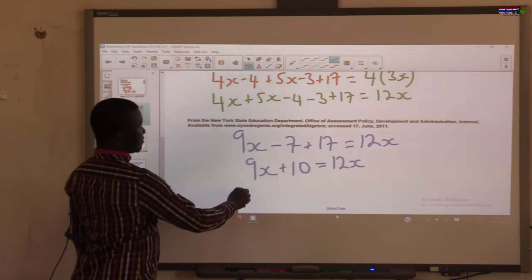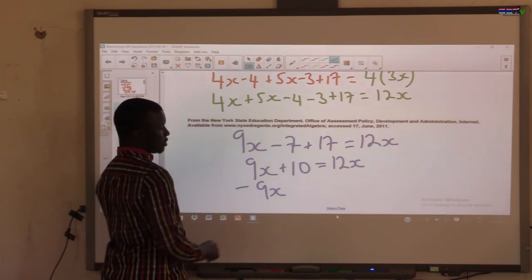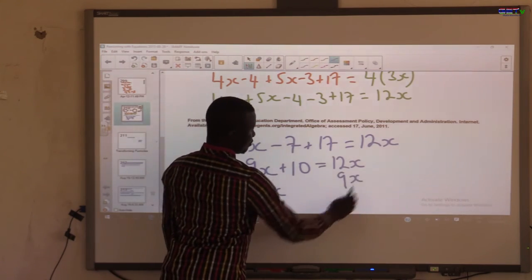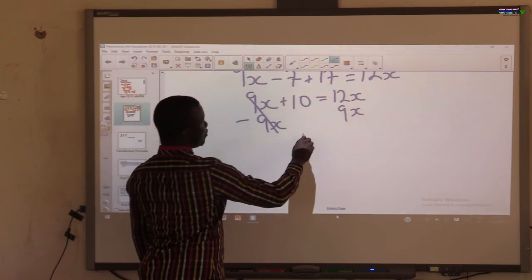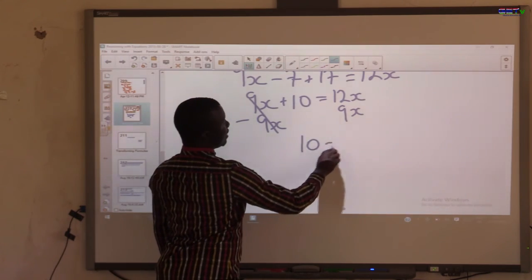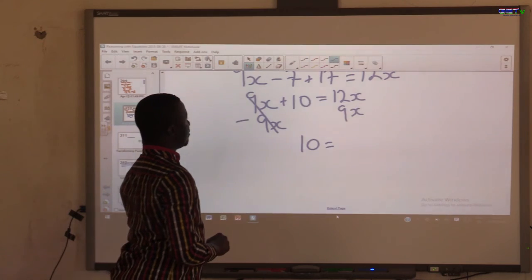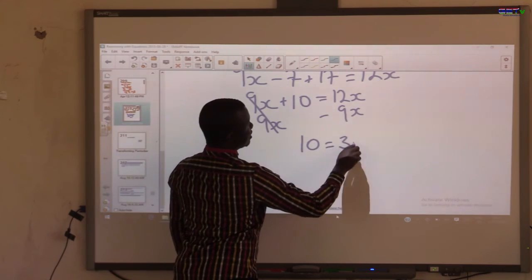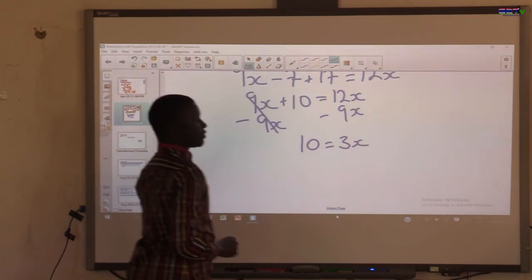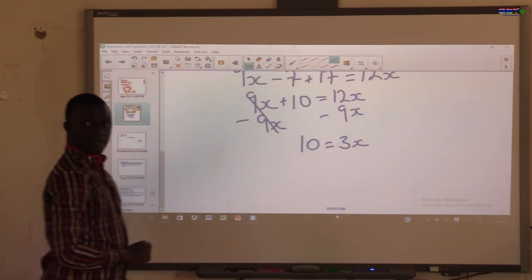We can further do this by undoing our 9x by subtracting 9x from both sides. 9x cancels out. So we have 10 is equal to 12x minus 9x, which is 3x. 12x minus 9x is 3x.